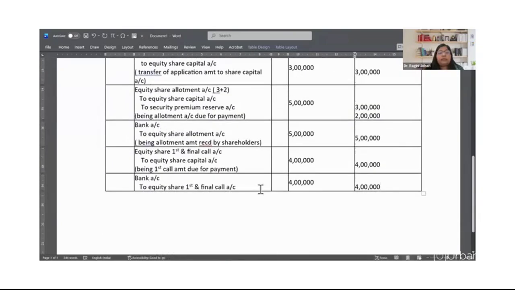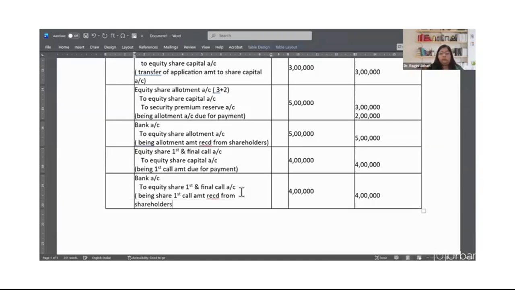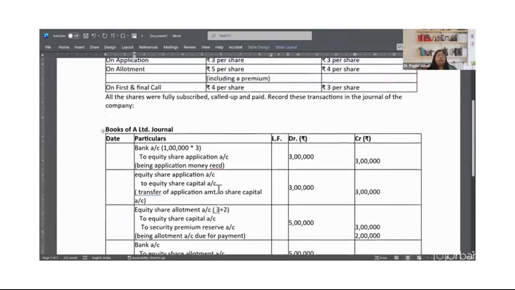So with this, and the narration for this is that is the share first call amount received from the share. So this completes my journal entry for equity share capital.